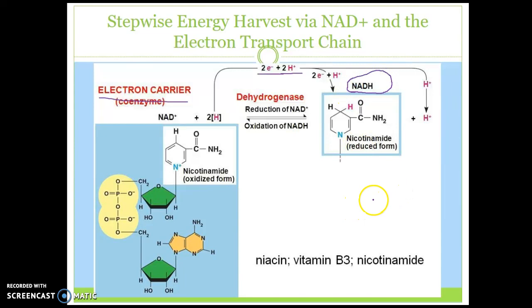And right now you're maybe a little bit like, I don't understand why this NADH is so important. But once you start looking at all the steps of cellular respiration, this molecule right here is what takes the electrons that we've harvested from glucose and actually allows them to become an ATP molecule.